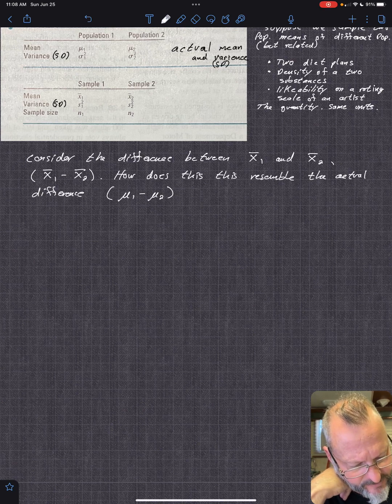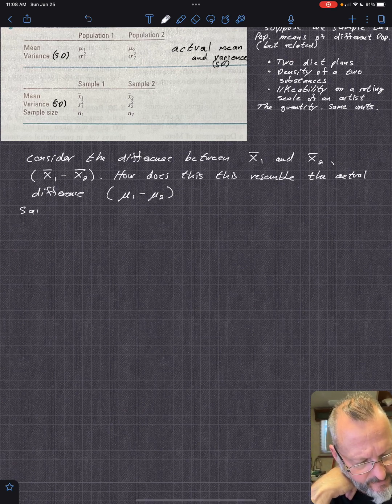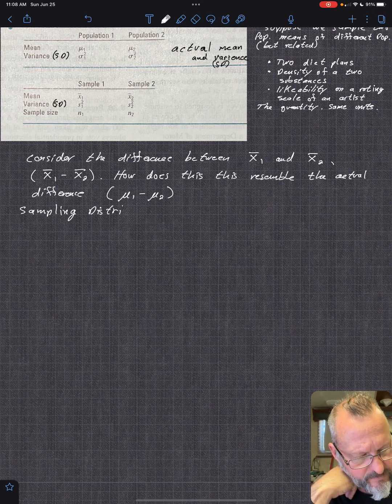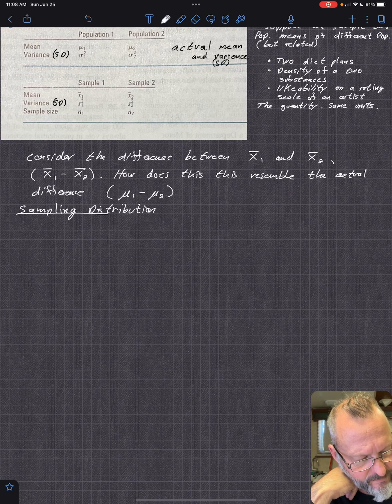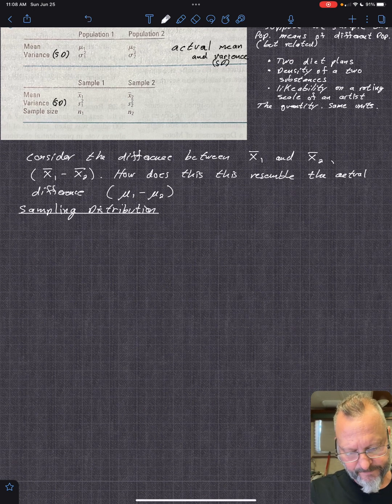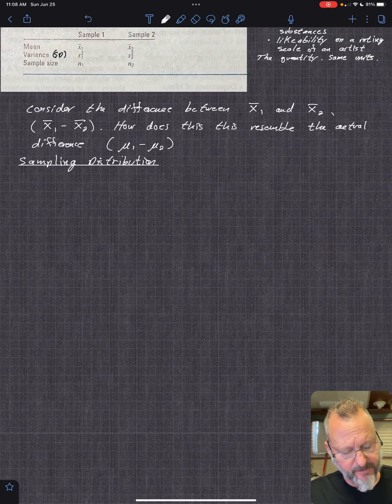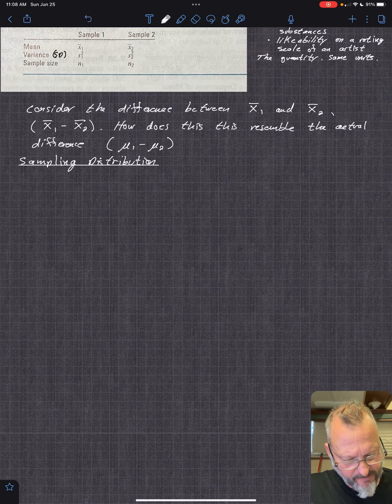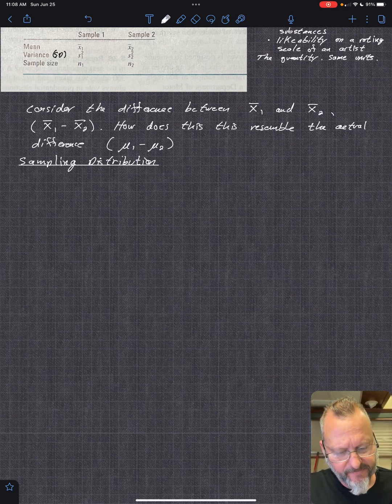Okay, so we'll look at the sampling distribution. Okay, so it's a similar statistic. It has to be similar. If close to zero, there is no difference between them.